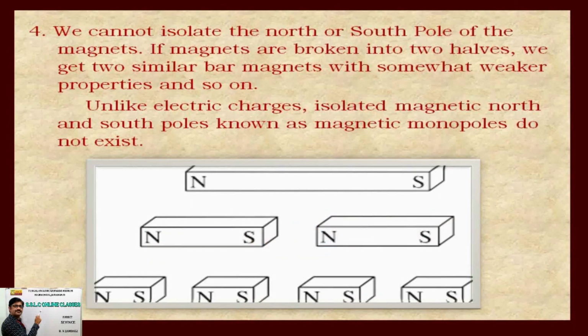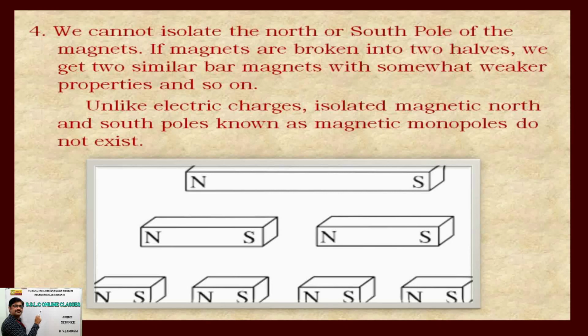Let's take one more property of the bar magnet. We cannot isolate the north or south pole of a magnet. If the magnet is broken into two, as shown in this picture, it again forms a north and south pole. Whenever you cut the magnet, it again forms north and south poles, and so on.